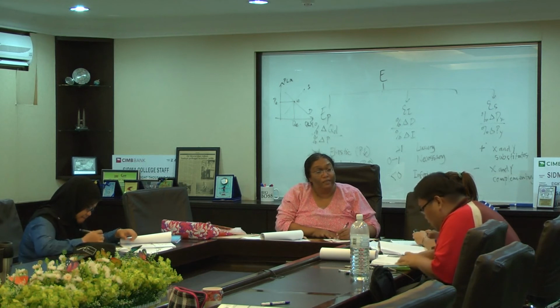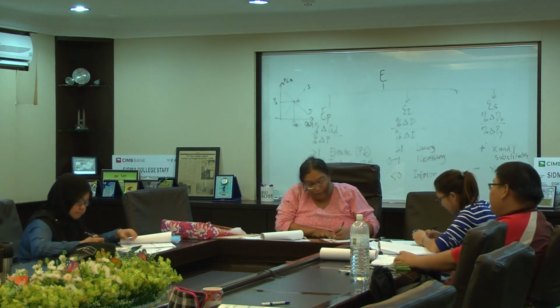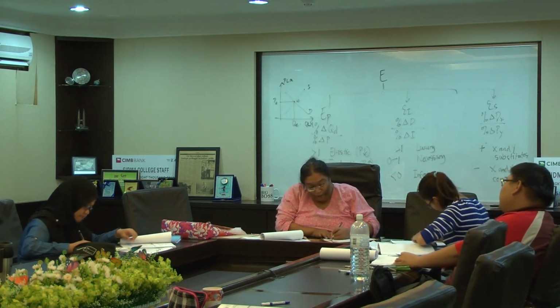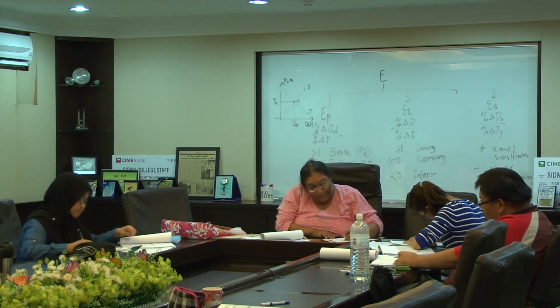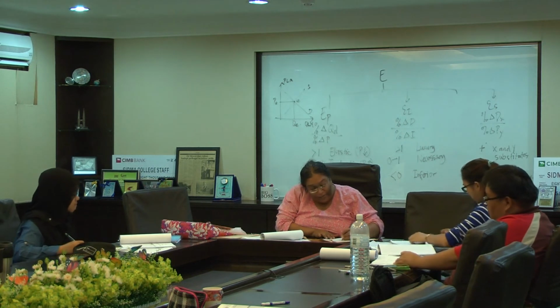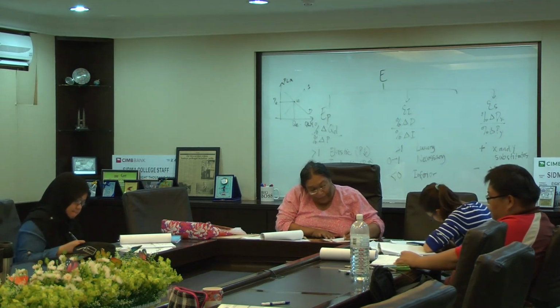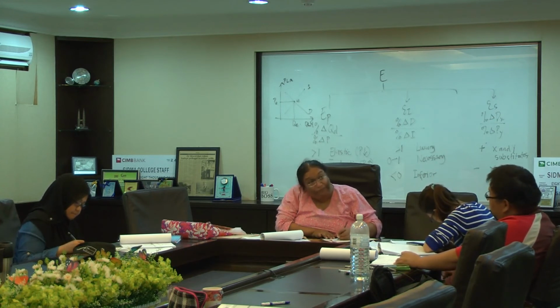How many percent is it? Negative 54.55%. So the price elasticity is 300% divided by negative 54.55%. So what's the answer? Negative 5.5.